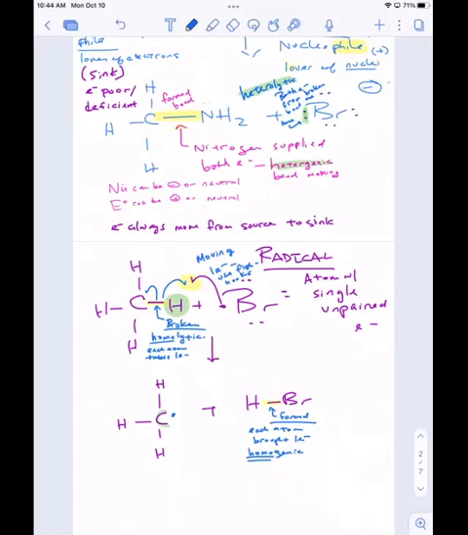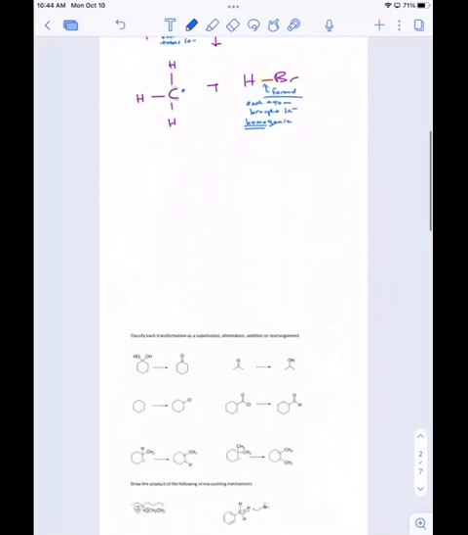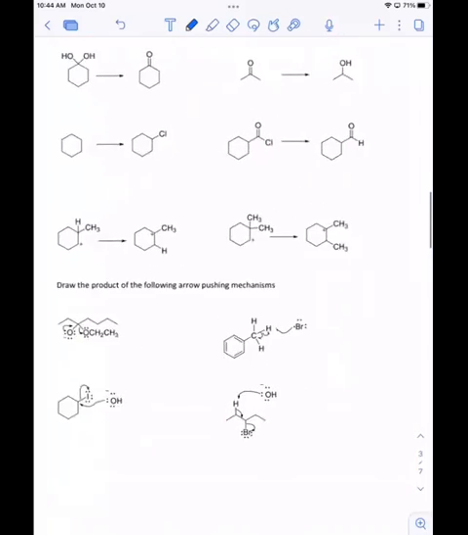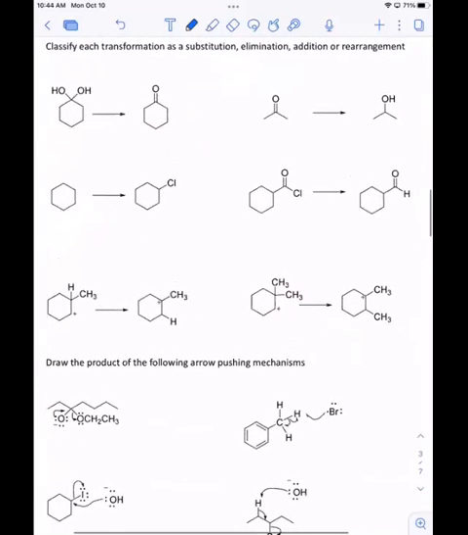But yeah, let's talk about the types of reactions. And then we're going to come back and talk about the arrow pushing processes and things like that. So we'll go through the types of reactions between today and the first part of Wednesday.